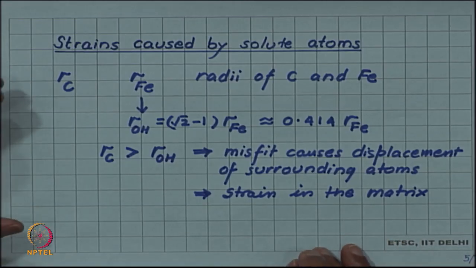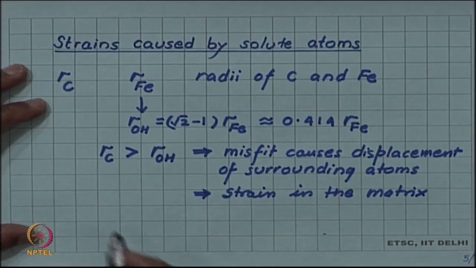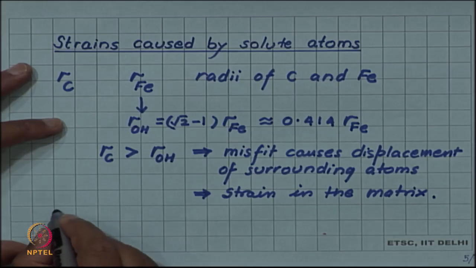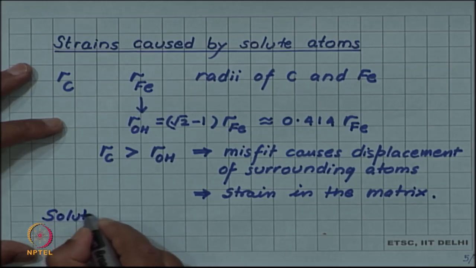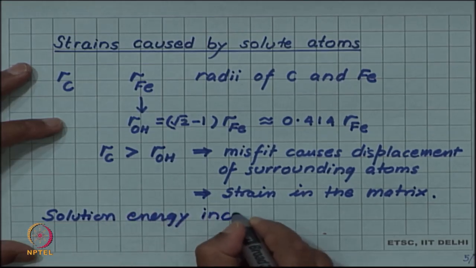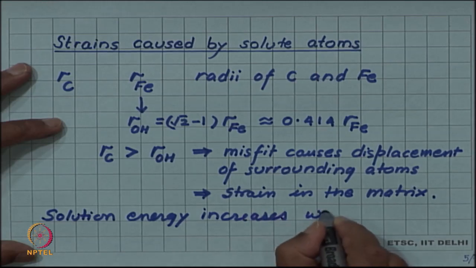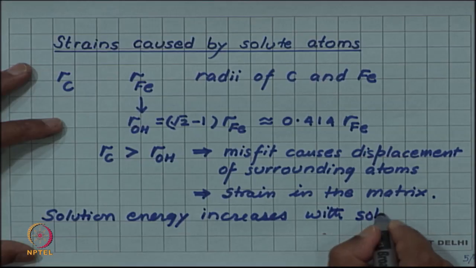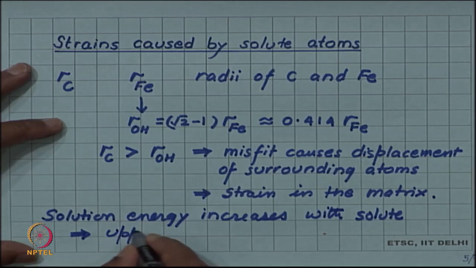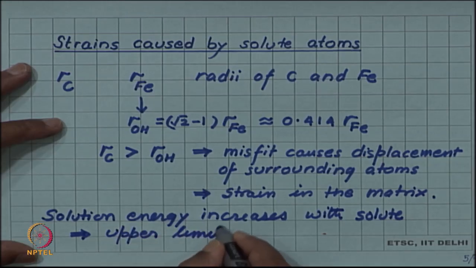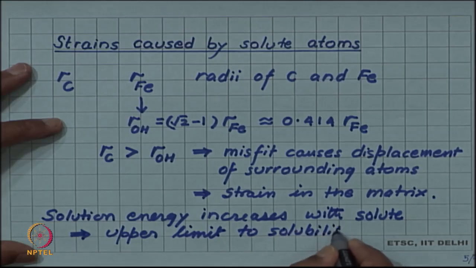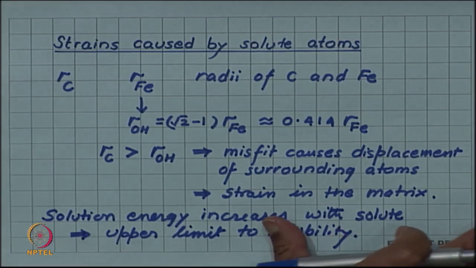This increasing strain energy is what causes a physical upper limit of the solubility. Solution energy increases with solute, and this finally gives an upper limit to the solubility.